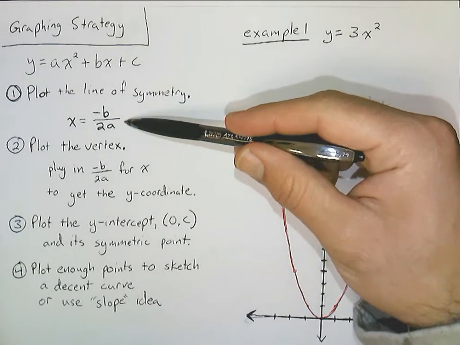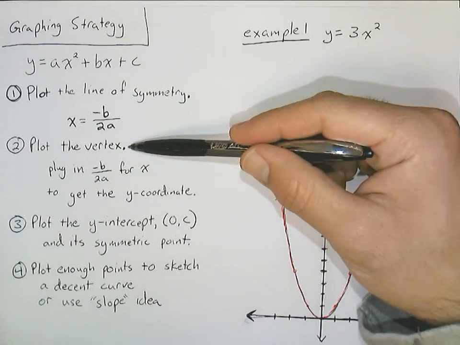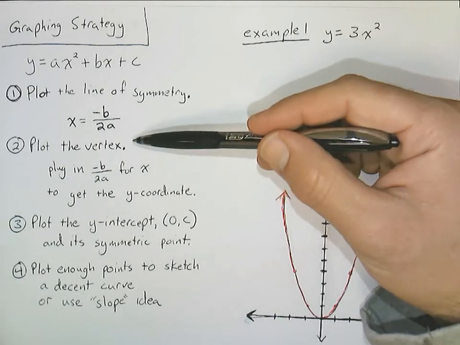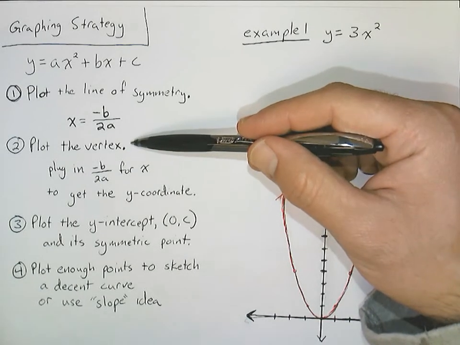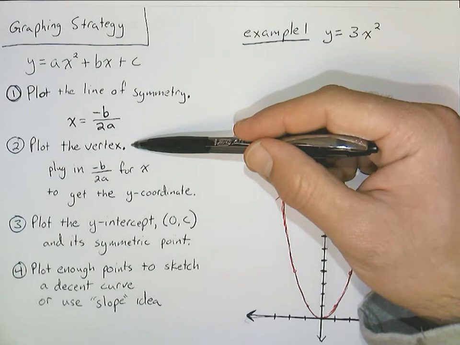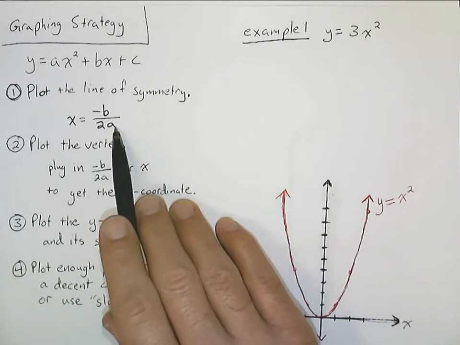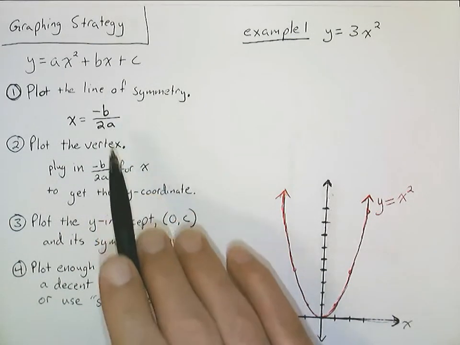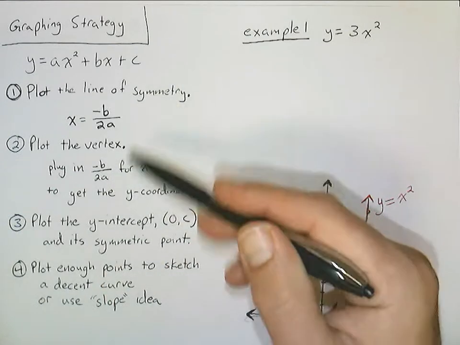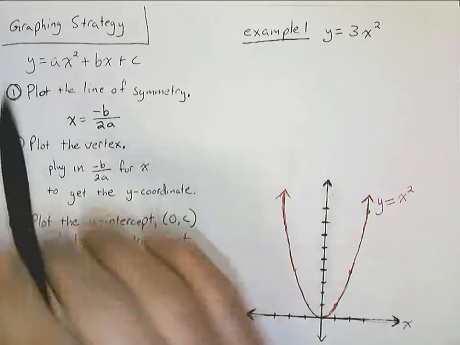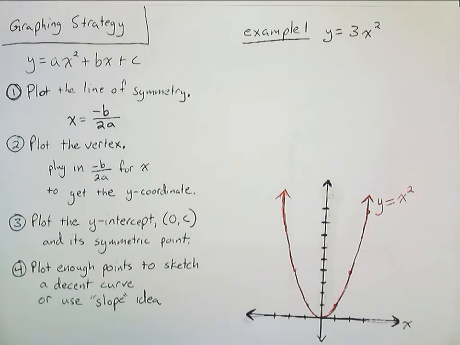Once we plot that, then we're going to plot the vertex. Nice thing here is that the vertex always occurs on the line of symmetry. So all we have to do is plug in this value for x in the equation, and what pops out is going to be the y-coordinate of that vertex. Pretty simple.